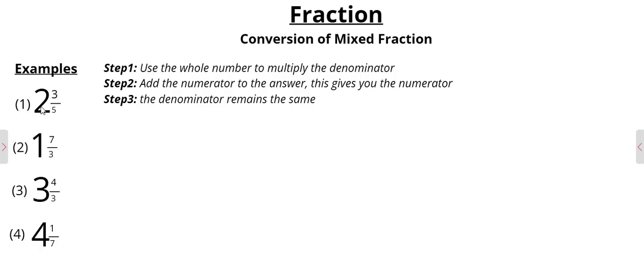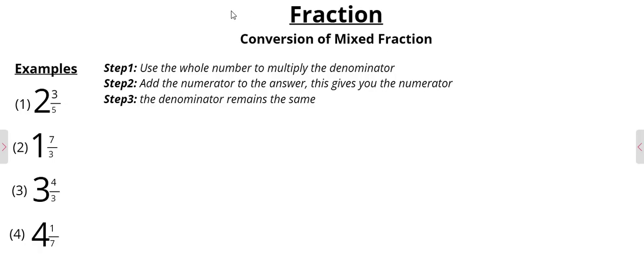Now in this very example here, 2 is the whole number and 5 is the denominator. Now you use 2 to multiply 5. That's the first step. Then you add the numerator to the answer. So whatever you have, after multiplying 2 by 5, you add it to the numerator, and this gives you your numerator. The denominator remains the same.